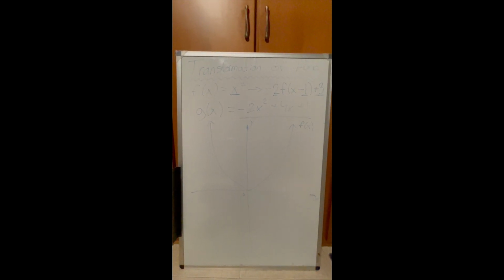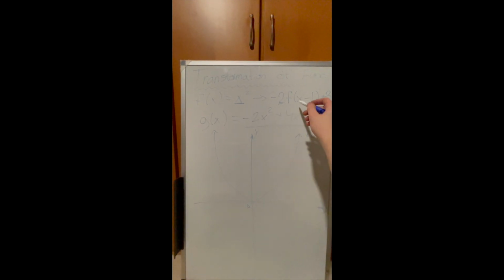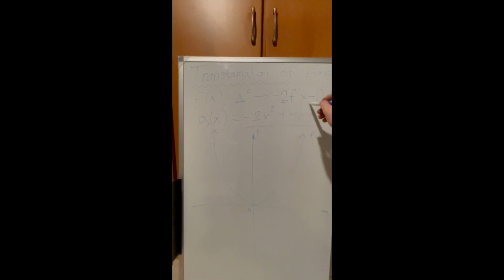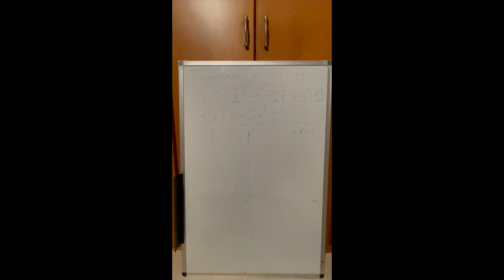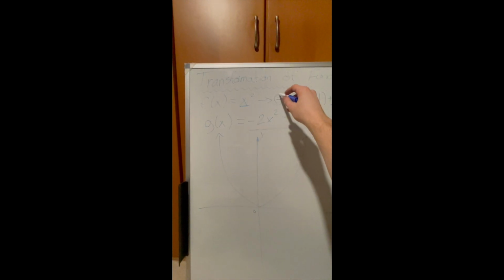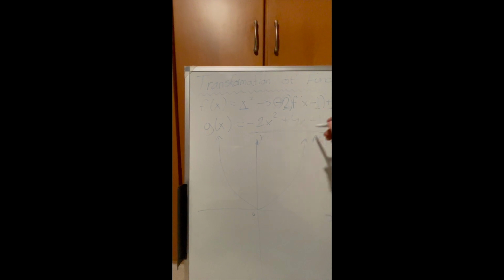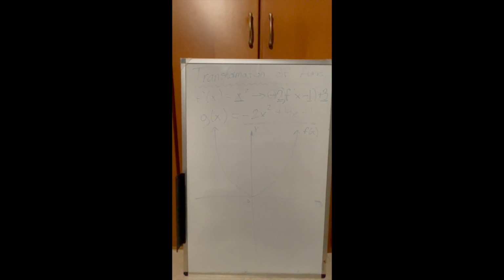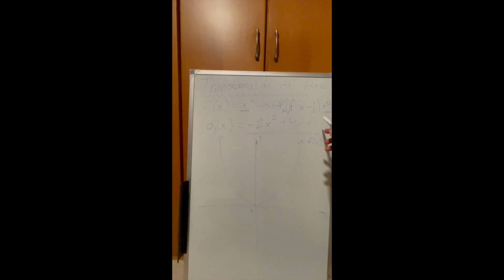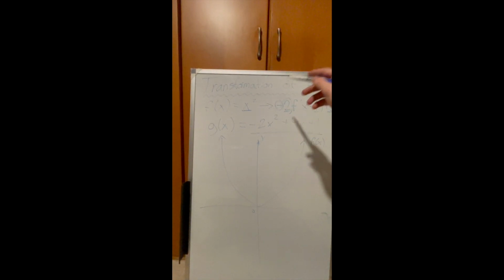Well, first off, we must start by what is inside the parenthesis. Then we move on to the reflection. Then we do our stretch, and finally we move it 3 units upwards. It is a bit like BIDMAS. You start with the parenthesis, then the multiplication, and then the addition.